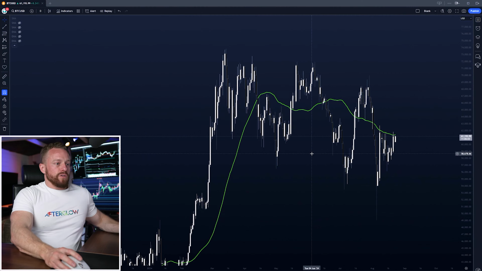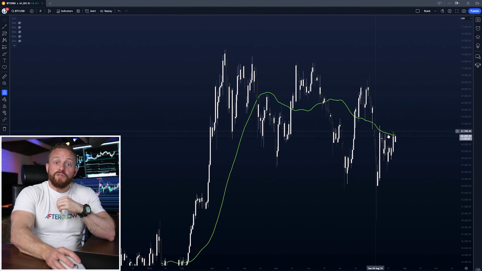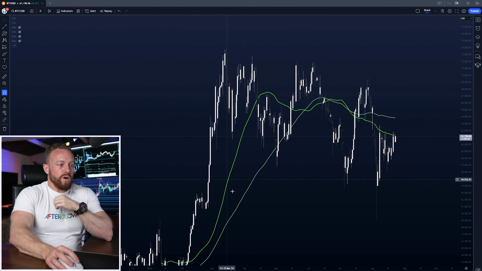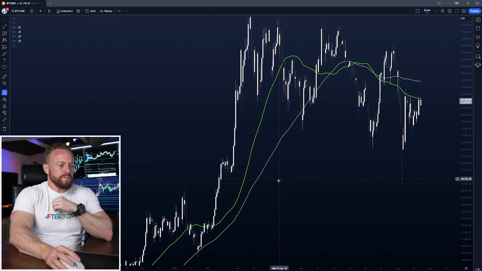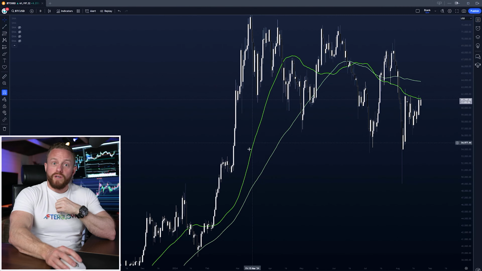So if we look on the chart, here I have the SMA 50 line in bright green, and now if I turn on the SMA 100 line in the mid shade of green, you can see here where there was a rally up in prices, the bright green SMA 50 line is the fastest to react and has the steepest gradient.